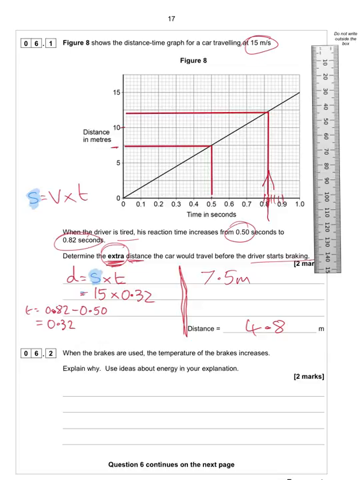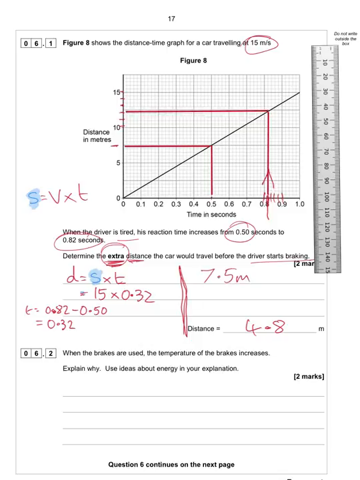There's 10, every 2 boxes is 1, so that's 11, 12, 13, 14 and 15. And when you look at where the black line crosses, it's quite hard to do on the screen here, but it is not exactly on 12.